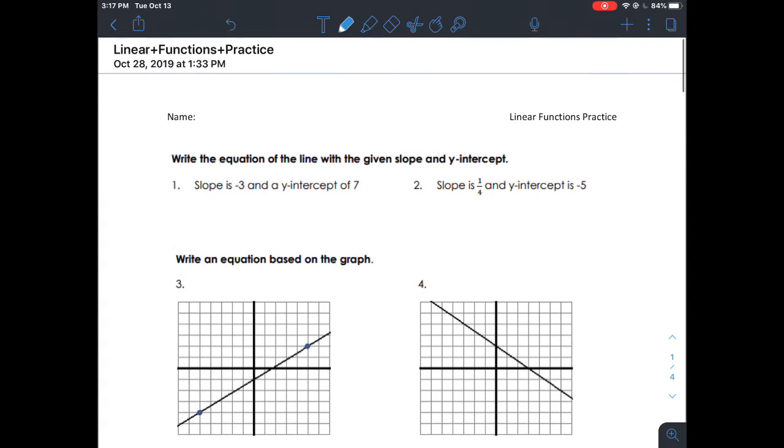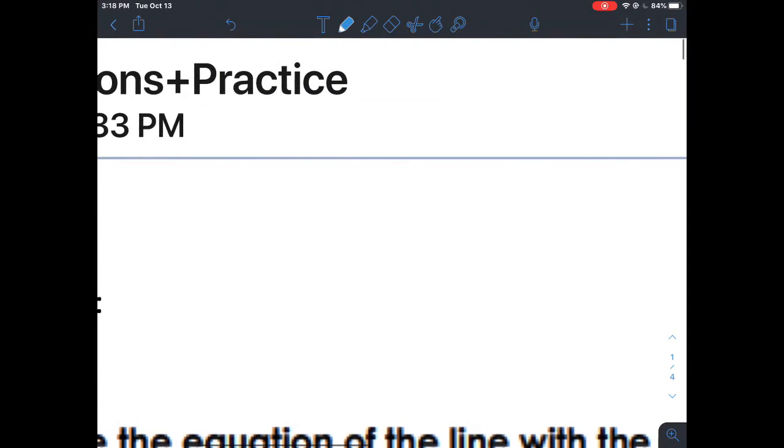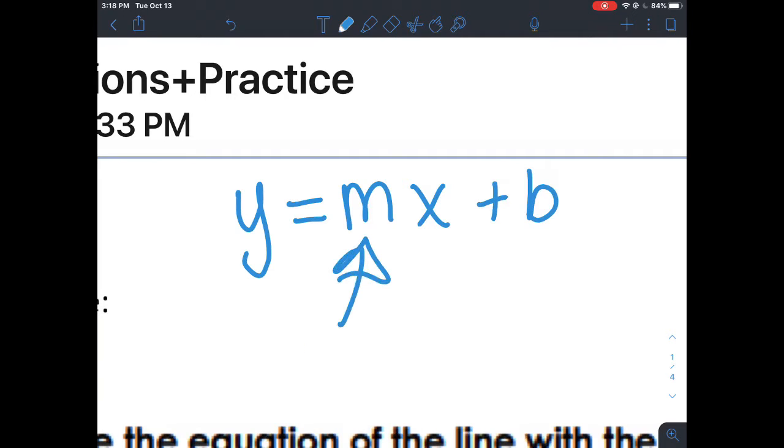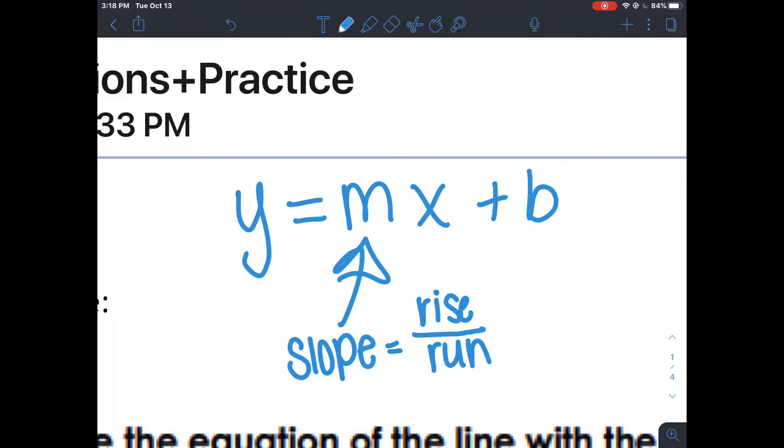Okay, so remember, a linear function follows y equals mx plus b, where m is your slope, which is rise over run.